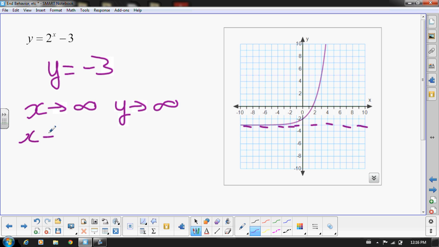As x is getting more negative, going towards negative infinity, y is approaching negative 3. This is going to happen whenever we have an exponential function. The y is going to be approaching the horizontal asymptote. So this y equals negative 3, that's a horizontal asymptote.